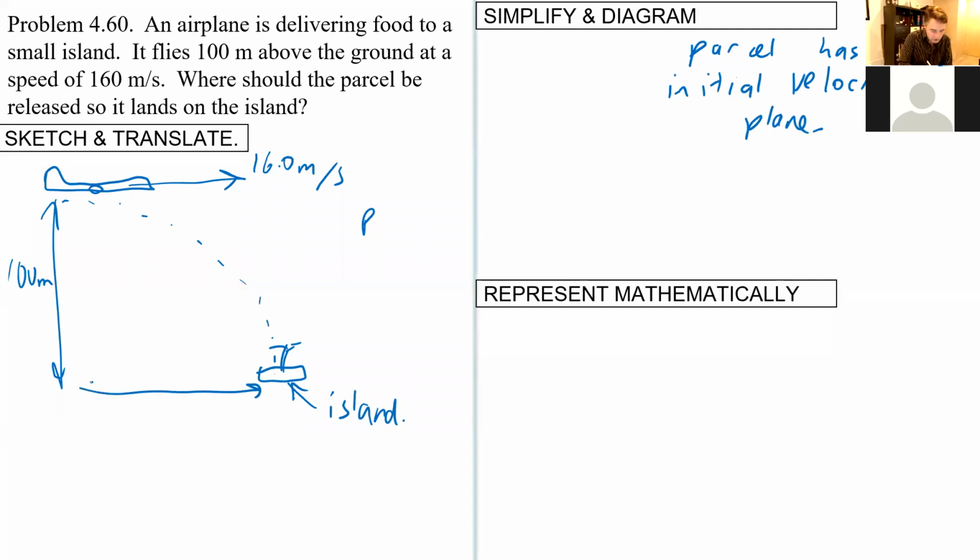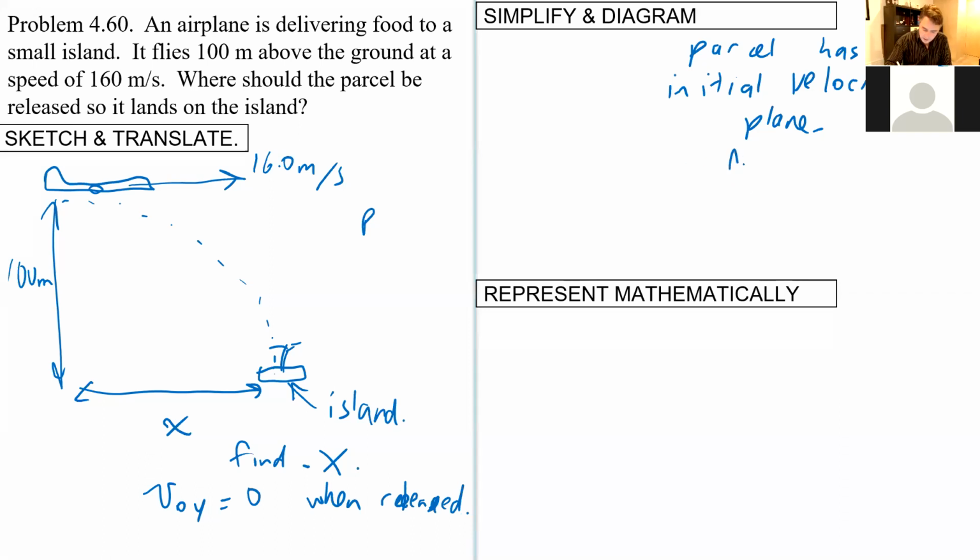And so what we're trying to find here is x. And v0y equals 0 when released. I'm going to assume that.